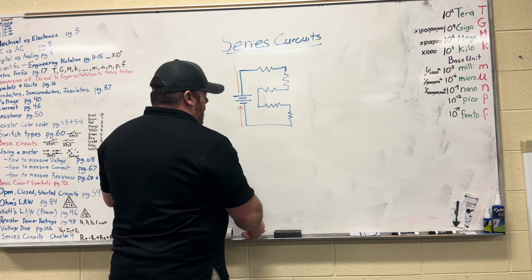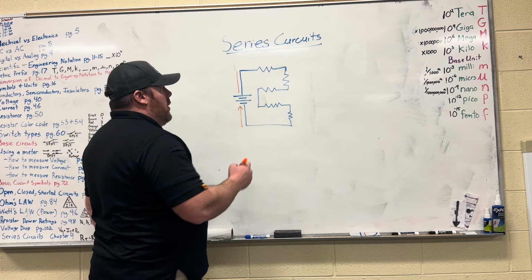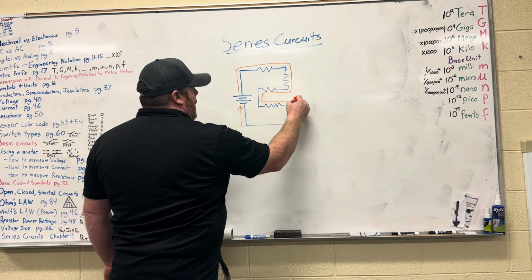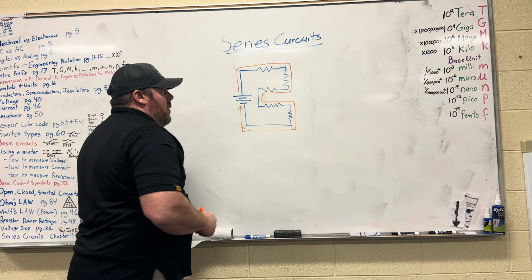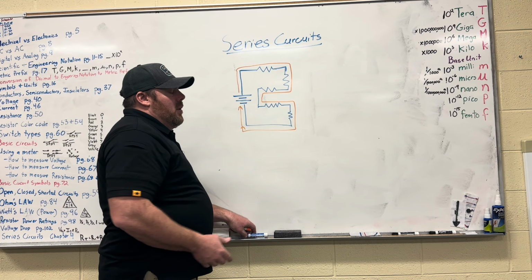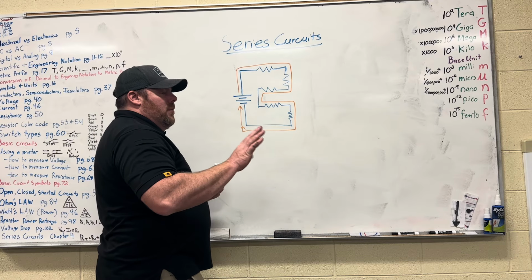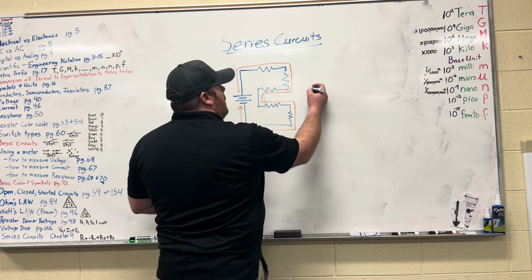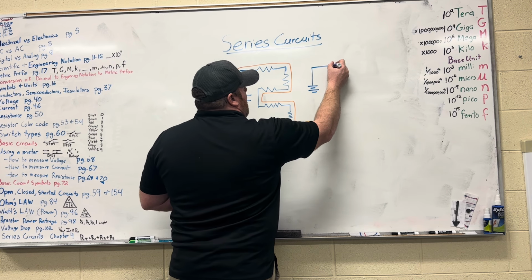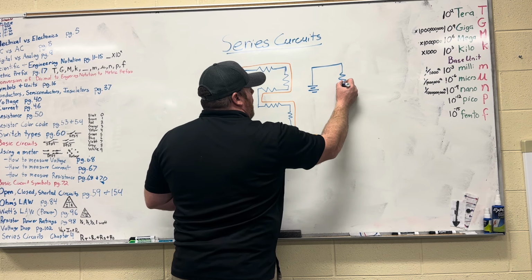In this example right here, if we follow the current flow, we still only have one possible path that the current can flow through. These are going to be series circuits. The one that we'll get into in the next chapter, we don't need to know this for today, so I don't want to get you confused, would be a parallel circuit or a combination, depending on what we look at.